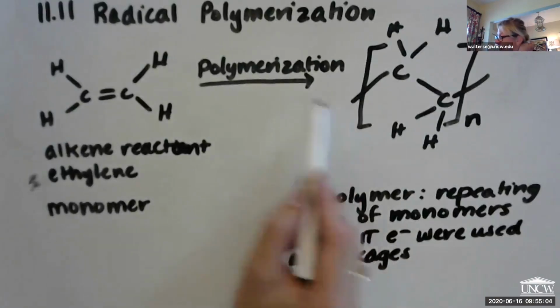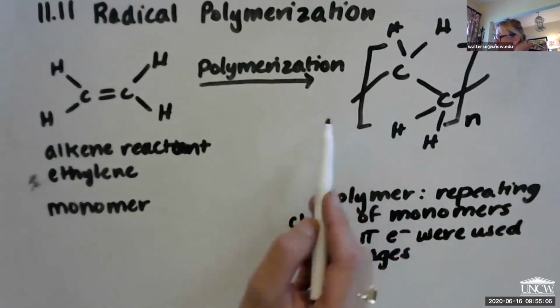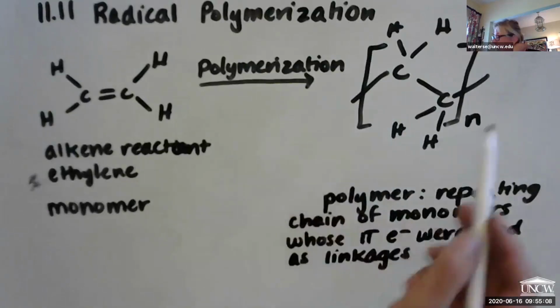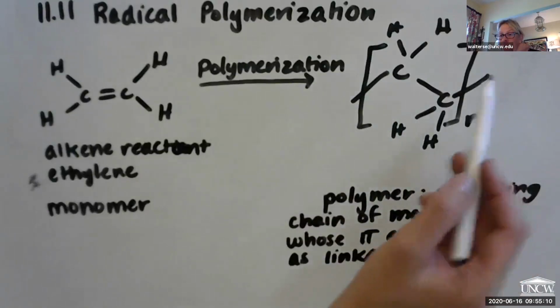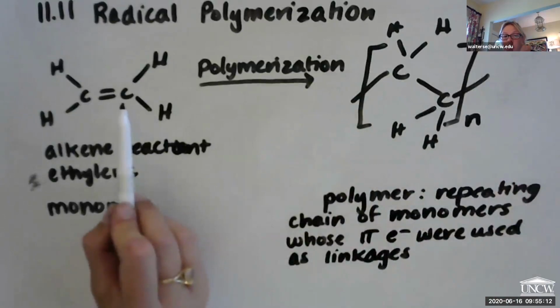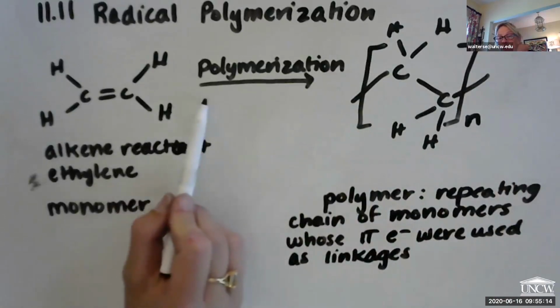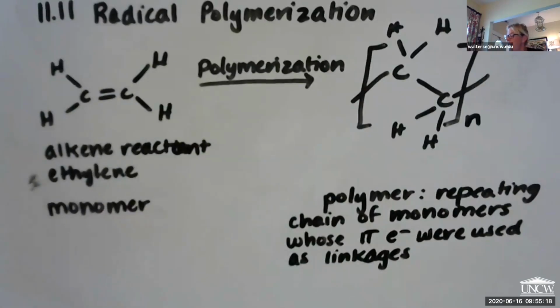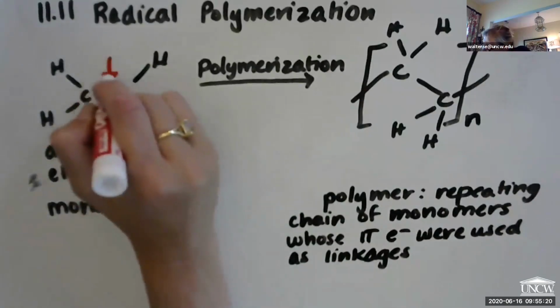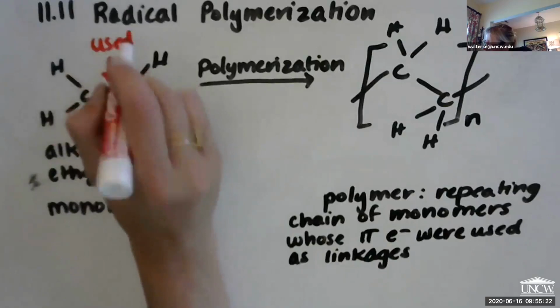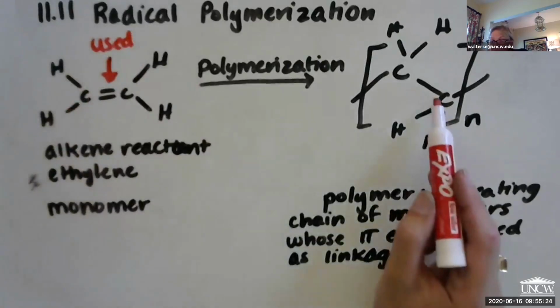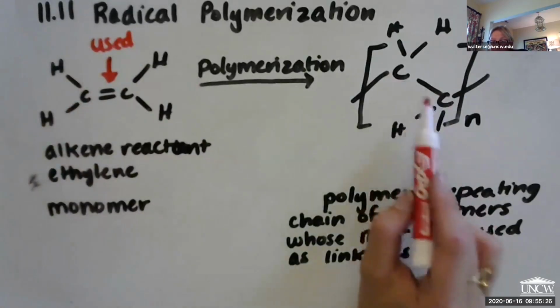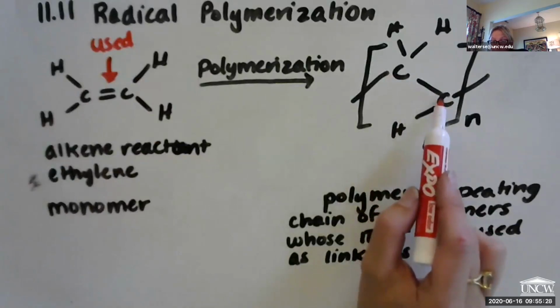So there would be another 2-carbon group over here and another 2-carbon group over here. Those bonds from an original carbon to a new carbon from a new molecule, those came from using the pi electrons. So the polymer is going to lose the pi bond between those carbons.